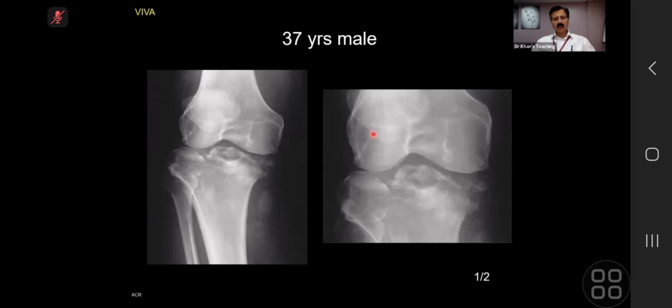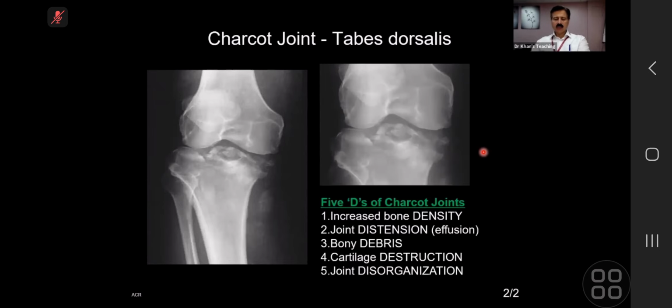Now, the point is that in Charcot joints, remember the 5 Ds. Increased bone density, distension as in effusion, bone debris. What happens is that the bone is cut into pieces, then cartilage destruction, and joint disorganization.